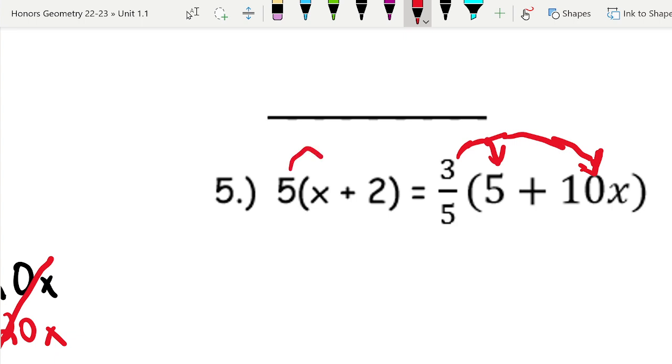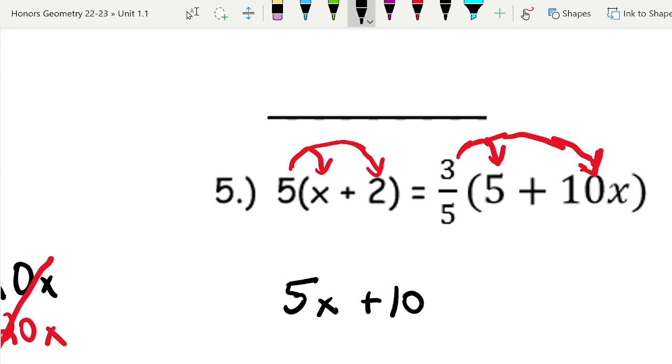So we're going to distribute into both parentheses. On the left we have 5x plus 10 equal to 3/5 times 5, just off to the side here in case you weren't sure. 3/5 times 5, well, that's really 5 over 1, so that ends up being 15 over 5, and 15 divided by 5 is 3.